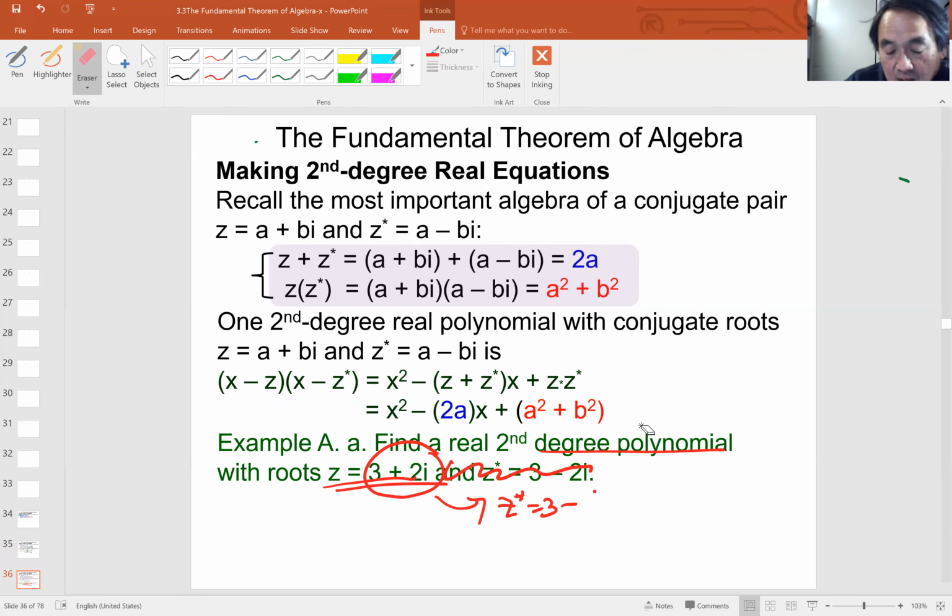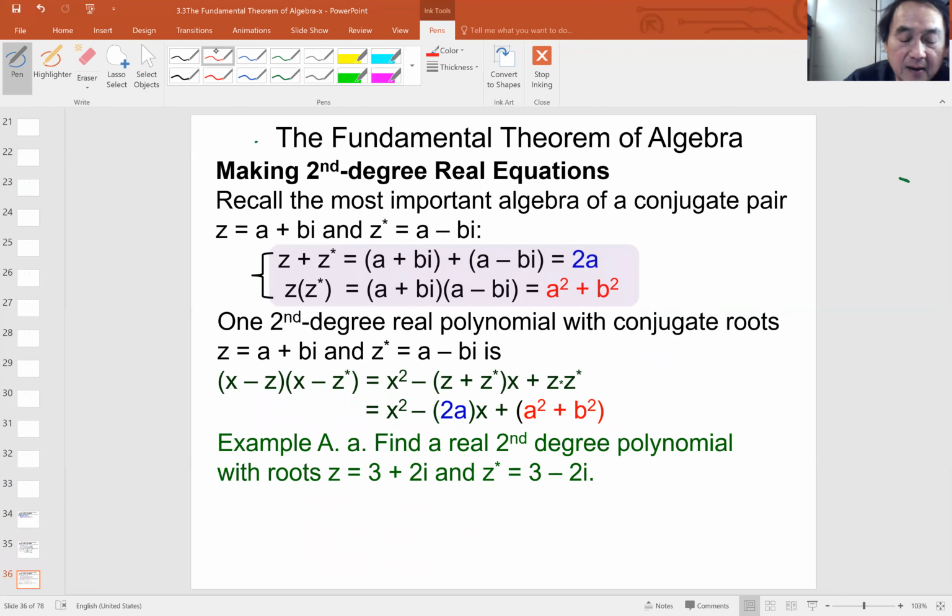So in this problem, it tells you both are roots. Find a polynomial such that when you plug into the quadratic formula, it simplifies into these two numbers.